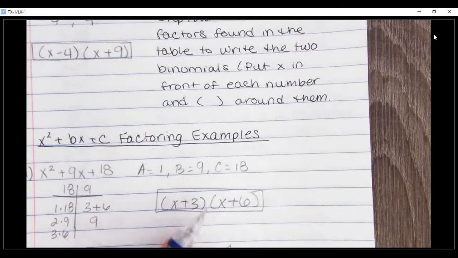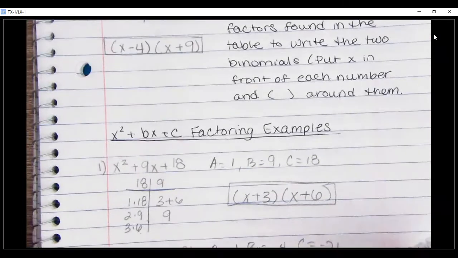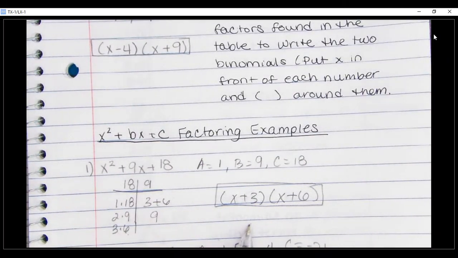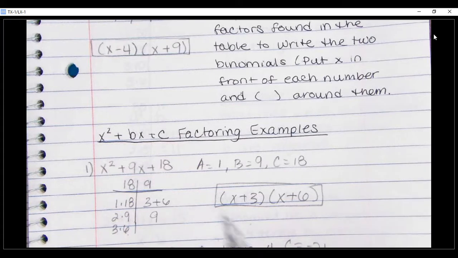So for example, this one right here. So x plus 3 and x plus 6. If you took these factors and you FOILed them, you should get this answer. So you can check yourself every single time when you're factoring. Just do the opposite. Just do distributive property, FOILing, whatever you need to in order to get back to your solution. So it really is the opposite of what you are learning.